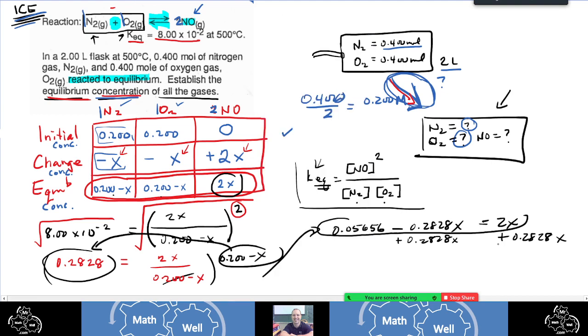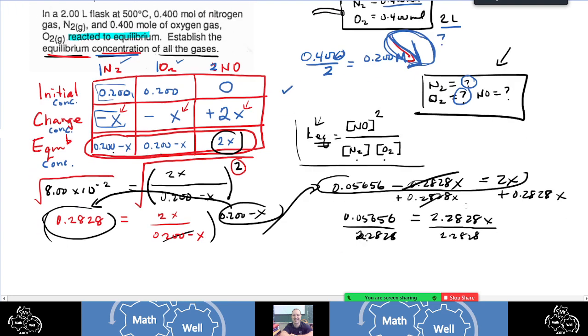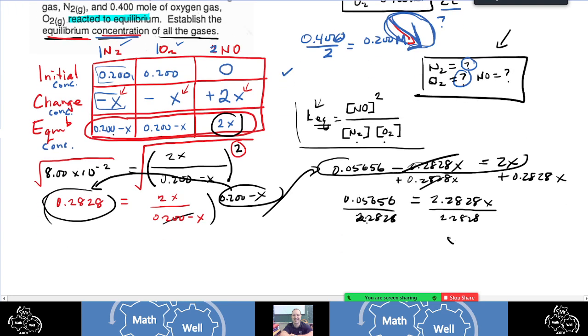All right. So we will get rid of the x's on the left side, and so I have 0.05656 equals 2.2828x. Now, to get x by itself, I divide both sides by 2.2828.